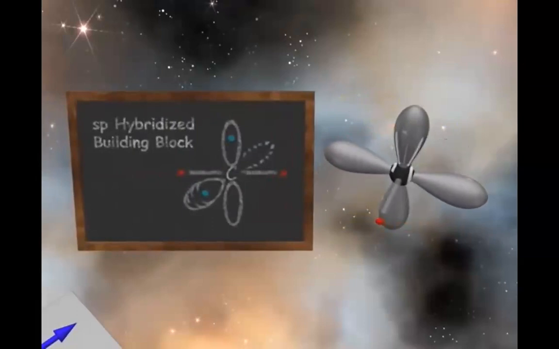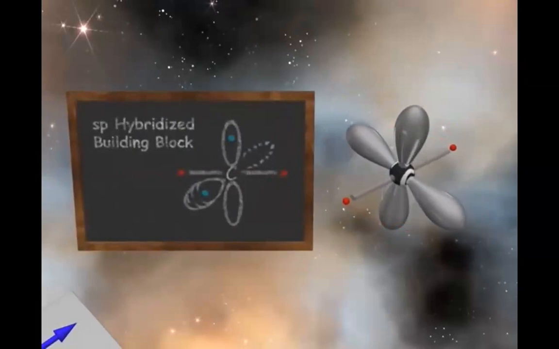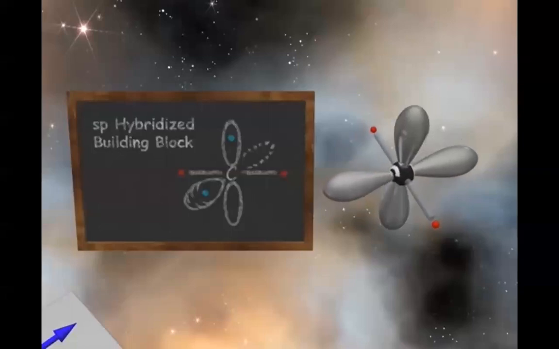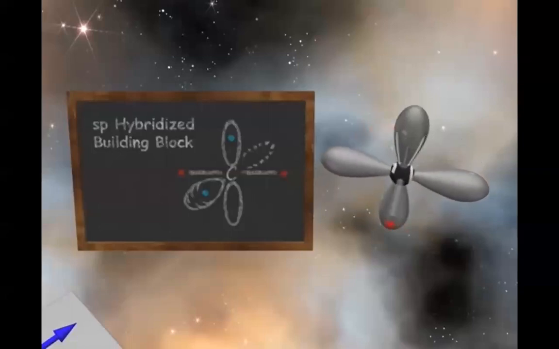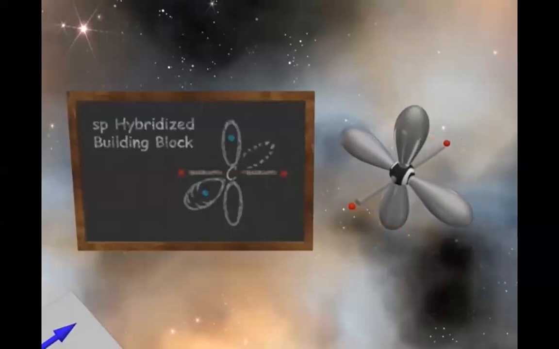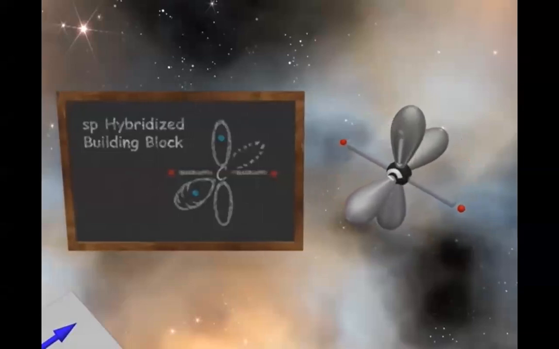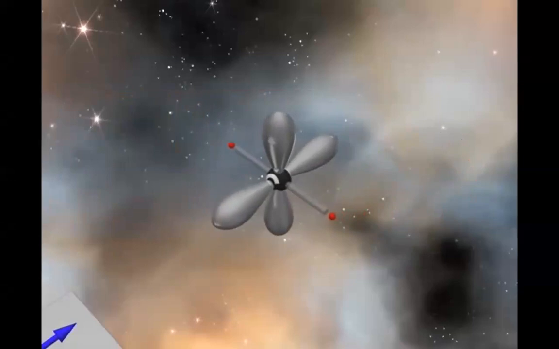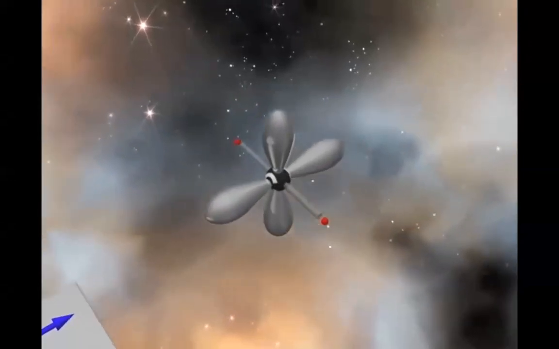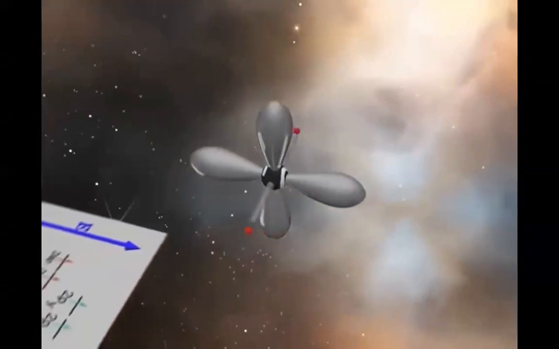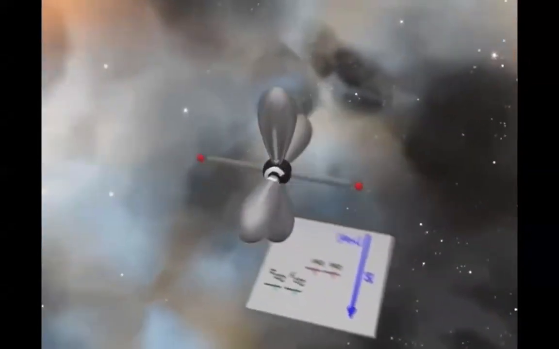Solid lines are in the plane, shaded lobes are behind the plane. The two sp hybrid orbitals each have one electron capable of forming a sigma bond.